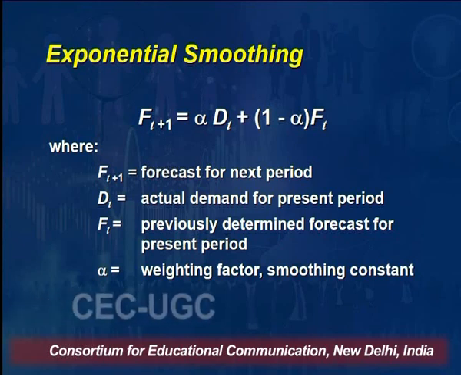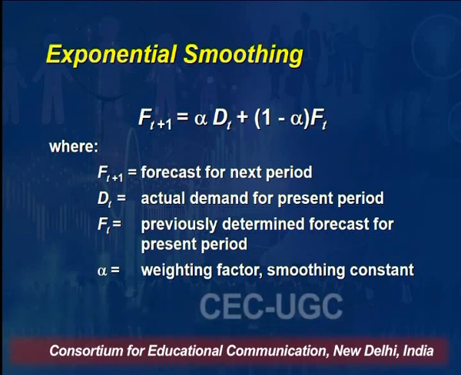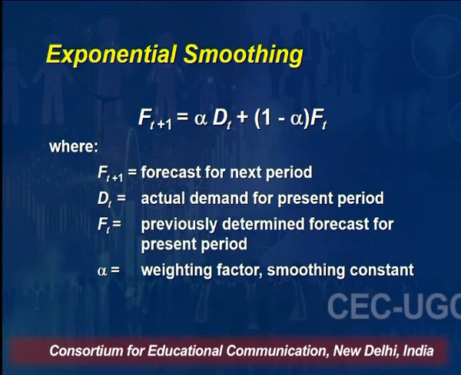So D(t) will be the demand for November, and F(t+1) is the forecast for December. You want to do the forecast for December. F(t) is the forecast for November itself. Earlier you must have done the forecast for November. So when we use this formula, it gives you a better result. It gives you a better forecast.